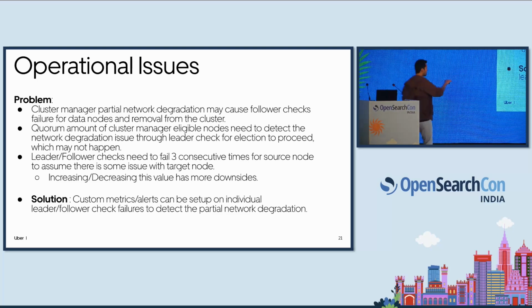So this led us to build an out-of-the-box solution where, instead of relying on the OpenSearch cluster's failures, we built monitoring on a moving window of the leader checker and follower checker.